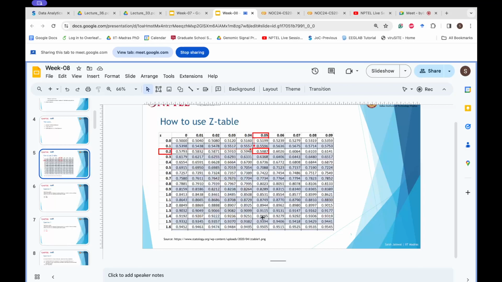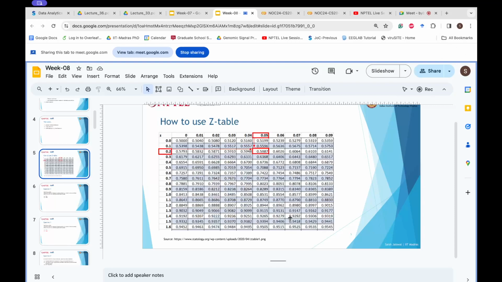The intersection of these two values will give you the CDF, the area under the curve till that particular point. So the p value will be 1 minus this CDF value.